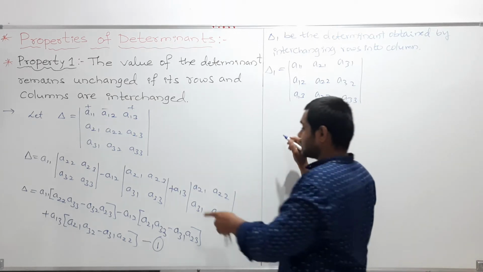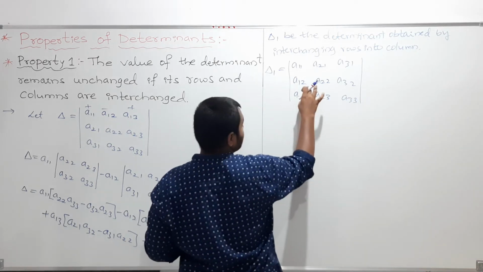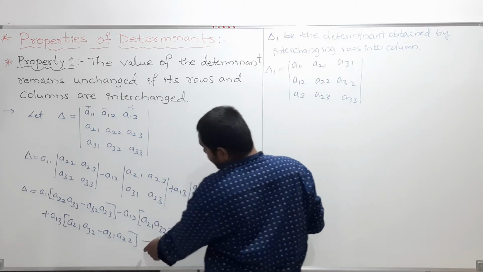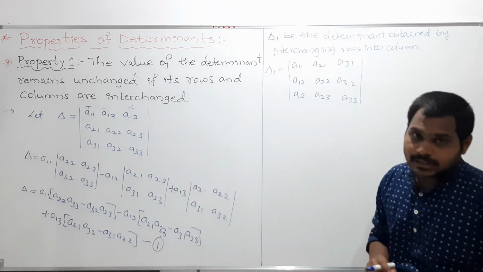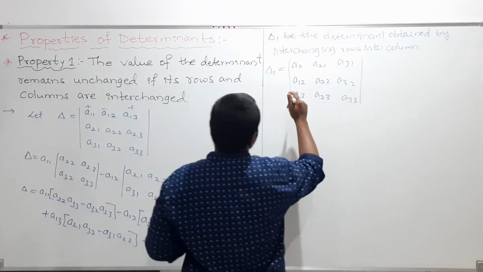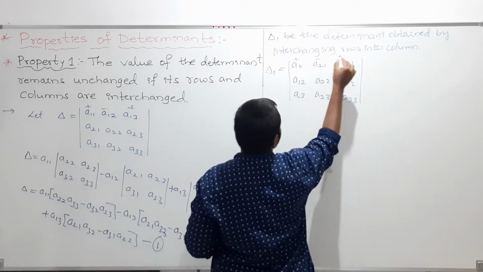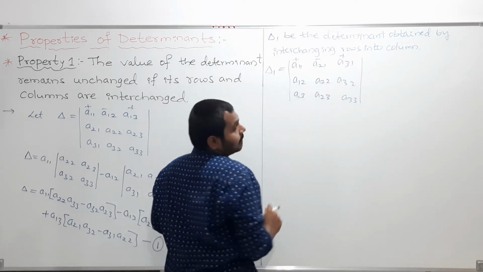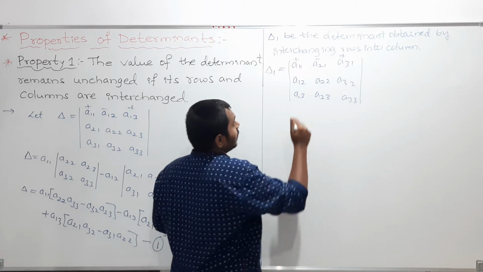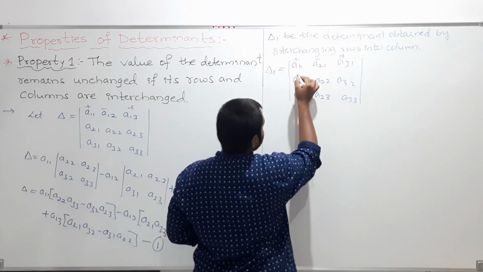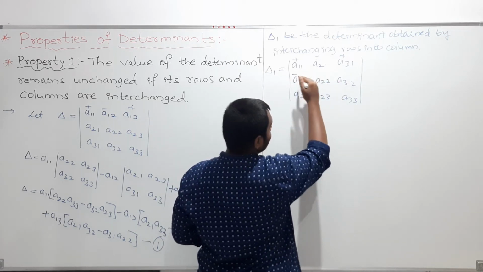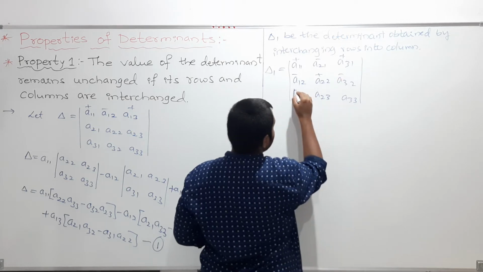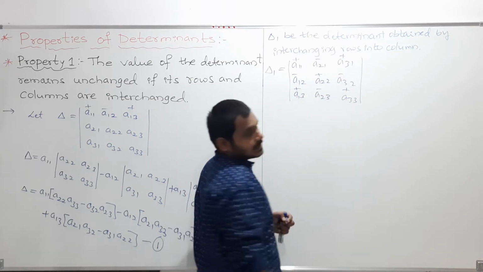So I will check whether after solving this I am getting the same answer or not. Now I will check. First I will write plus minus plus. My dear students, please remember, for the second row we write minus plus minus, and then plus minus plus.